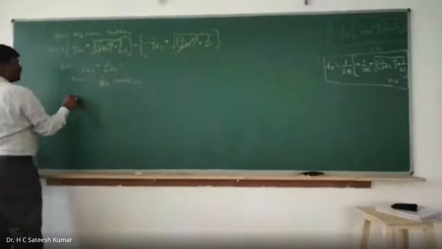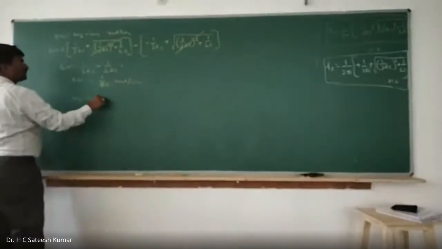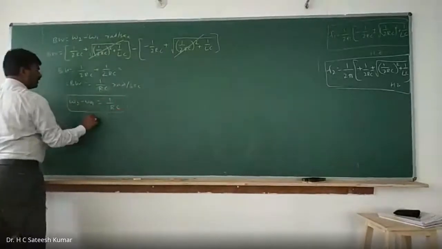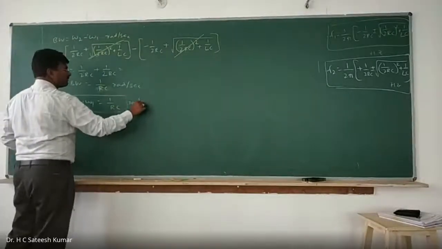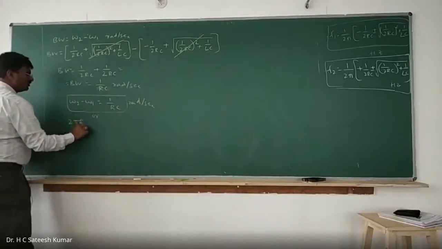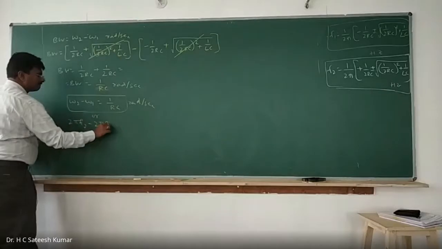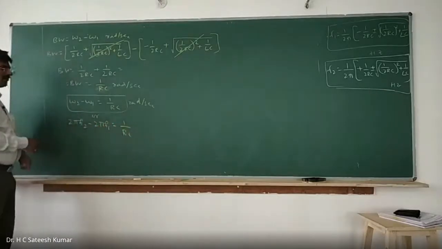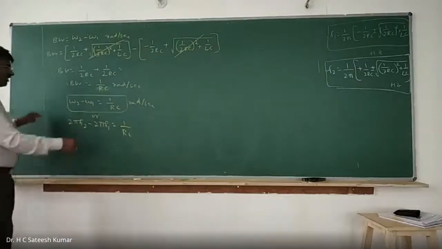That is nothing but omega 2 minus omega 1 is equal to 1 by RC, in radians per second. Omega 2 is 2 pi F2 minus 2 pi F1 is equal to 1 by RC. Take 2 pi common and transfer to the denominator.